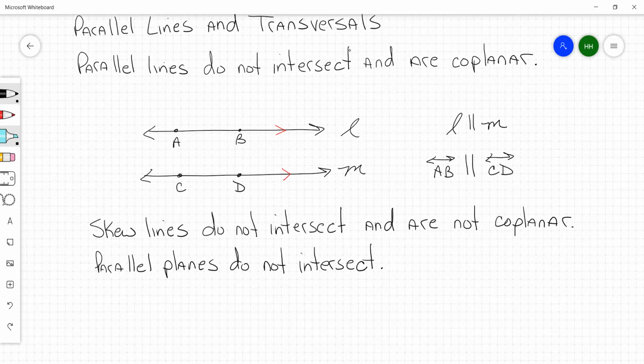Very good. The ceiling and the floor. Those are parallel planes. The ceiling is a plane and the floor is a plane, and they don't intersect with each other. The east wall of the classroom and the west wall of the classroom, those are parallel planes. They don't intersect with each other.